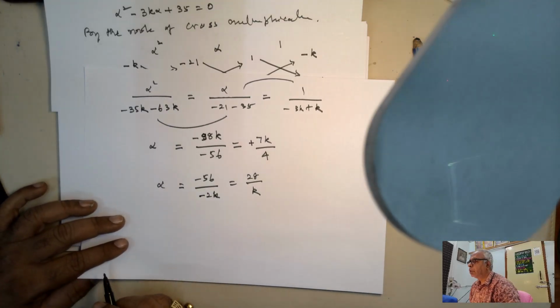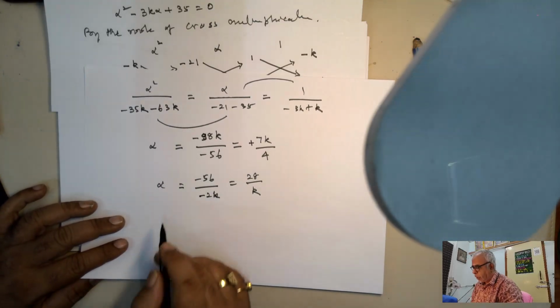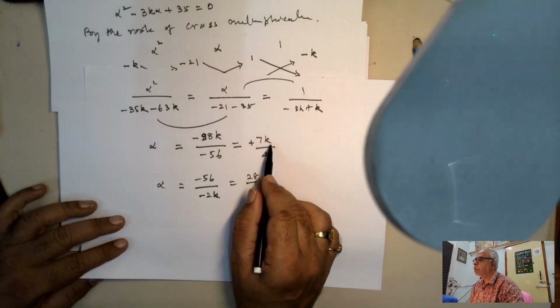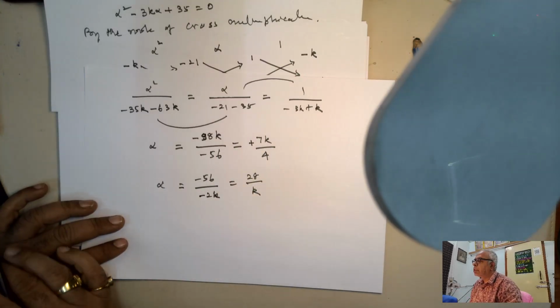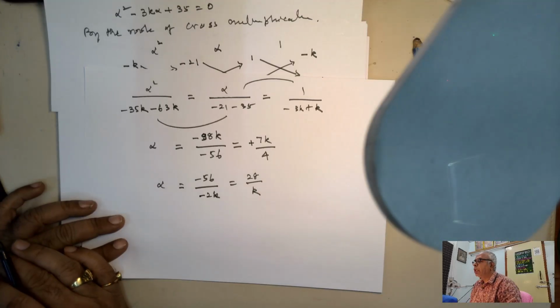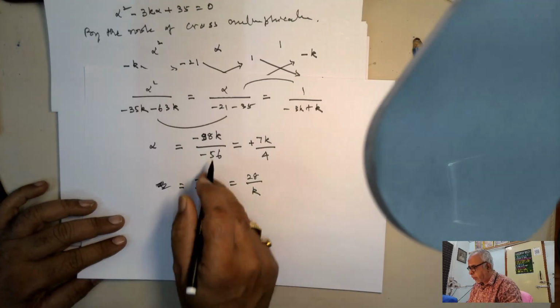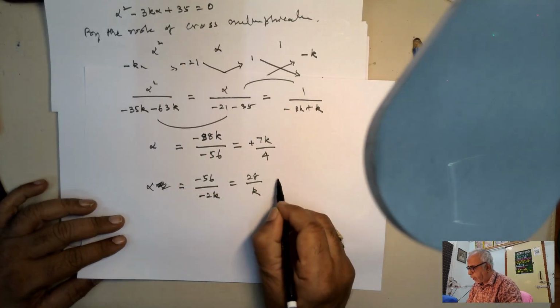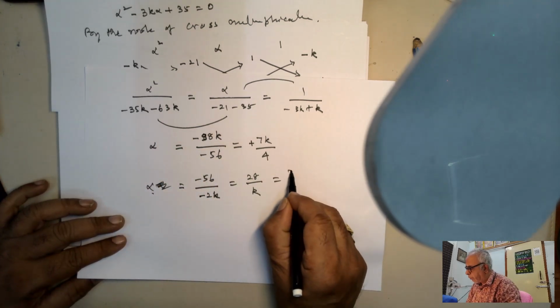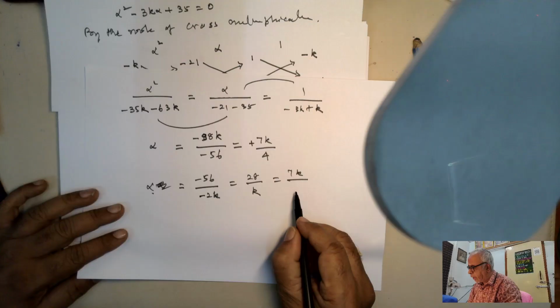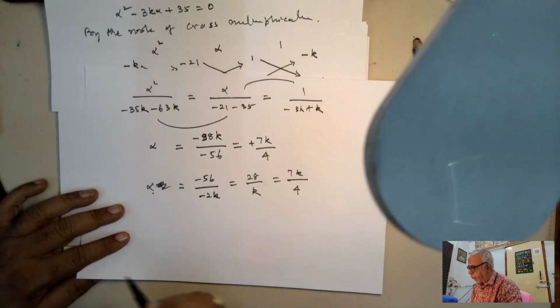So you have got now alpha is equal to 7k by 4, and that 7k by 4 is equal to 28 by k. Because we can equate these two, as this is also alpha. So we can put 7k by 4 is equal to 28 by k.